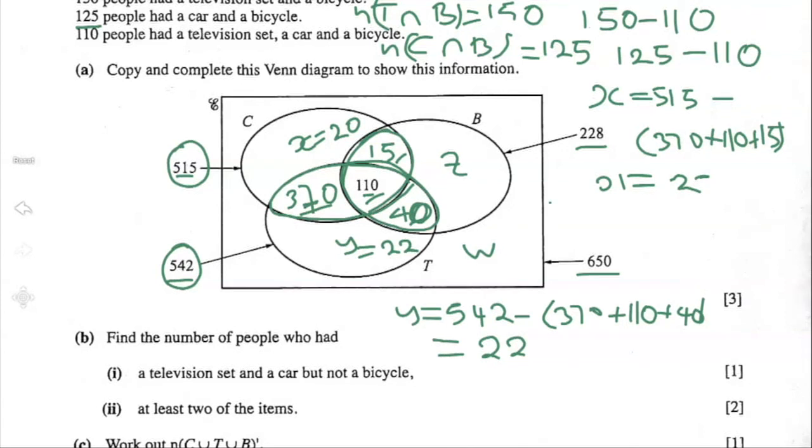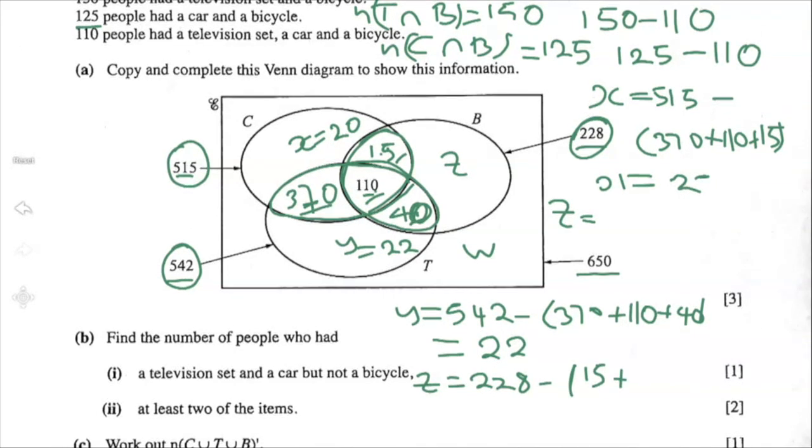Similarly, you can work out your Z. So Z is equal to what? We can write it here. Z is equal to the total number of elements in P there, 228, minus the sum of the elements within P there, it's 15 plus 110 plus 40.